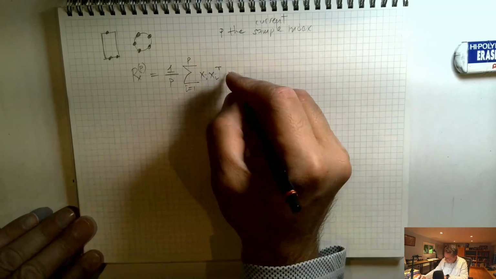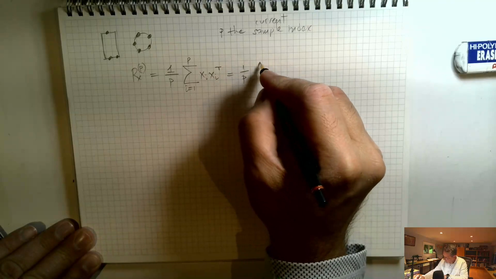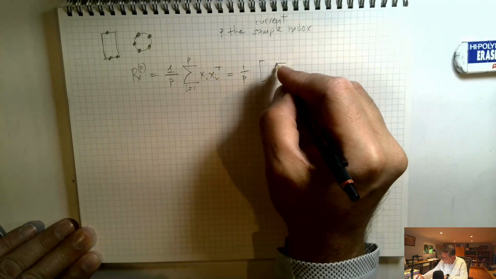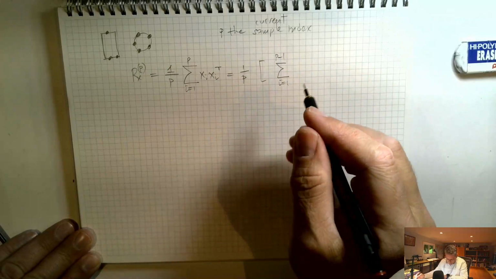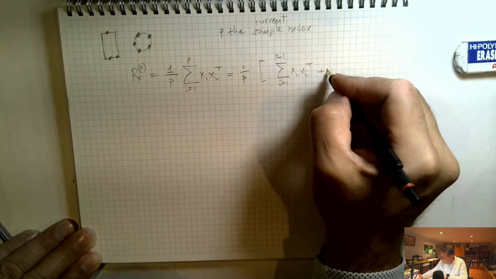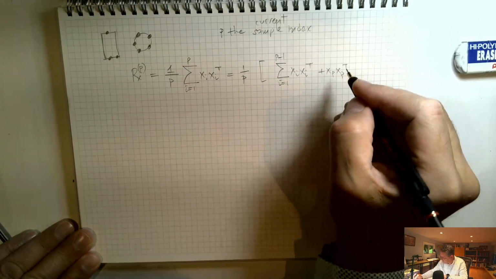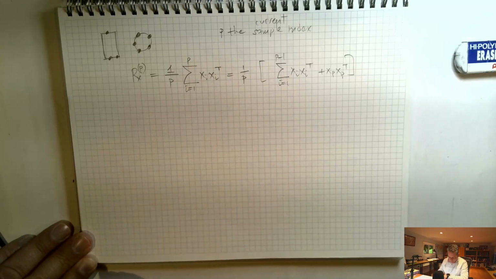So we can write this as 1 over P, and I can take this summation and break it into two parts, from i equal to 1 to P minus 1 of x_i x_i transpose, plus x_P x_P transpose. I hope everyone agrees that this is equivalent.